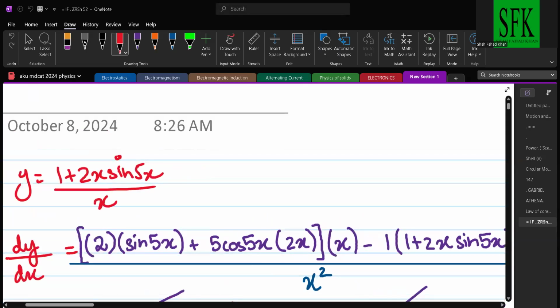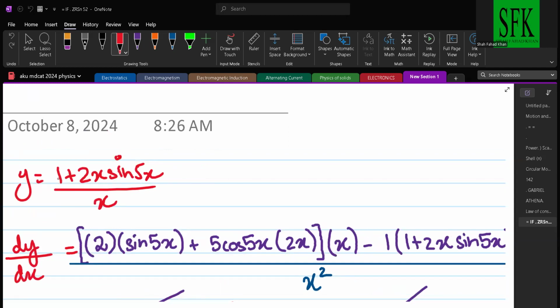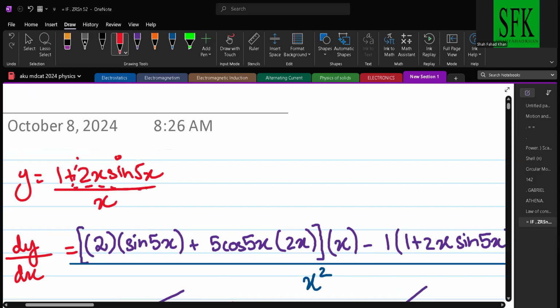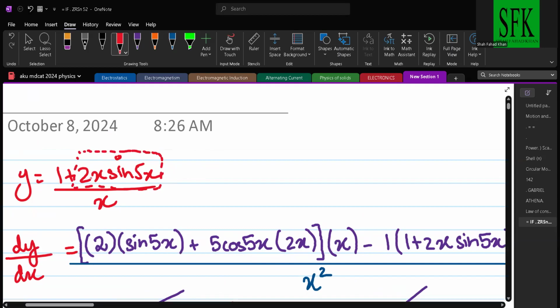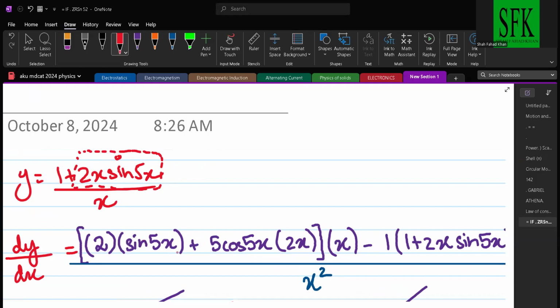How do you differentiate the first number? The 1 is going to result in a differentiation of 0. Now for 2x and sine 5x. So again, you have to use the product rule over here because now they are being multiplied. Okay, how do you multiply the two? The first number's differentiation is 2 multiplied by the second number as it is.